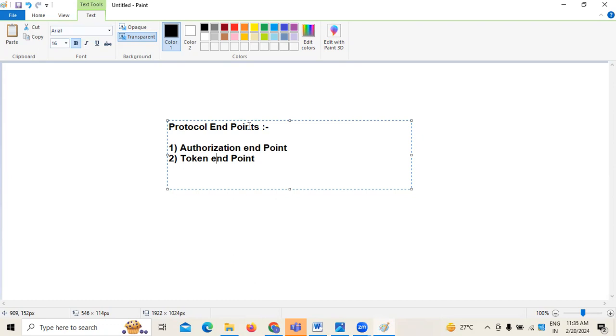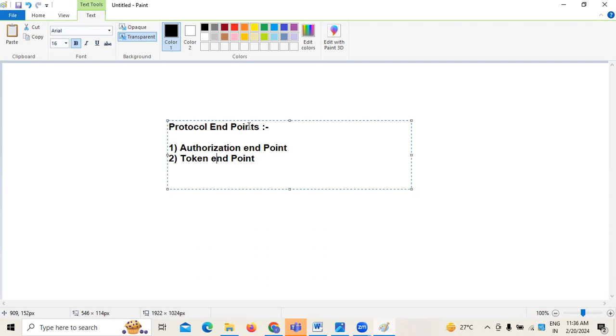Whereas the token endpoint is generally used in client applications also, but majorly it is used to obtain an access token from the authorization servers, because whenever we access endpoints that need client authentication, there is a release of a token which we have to create.